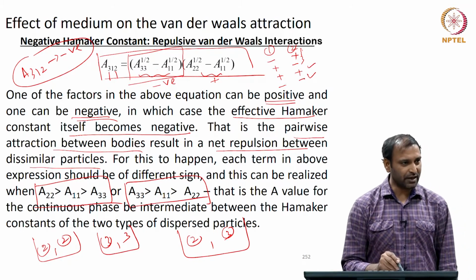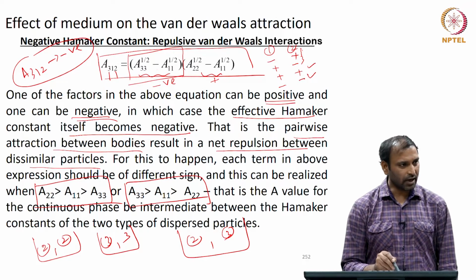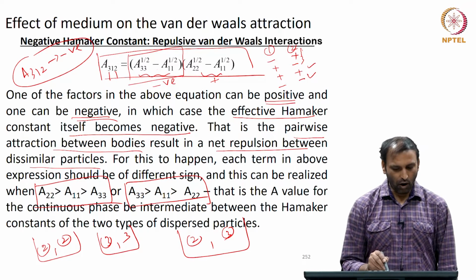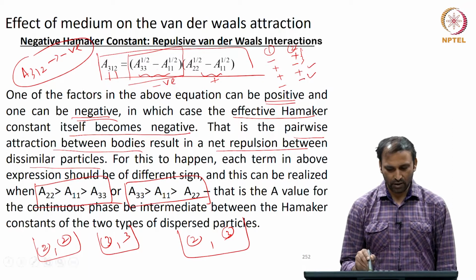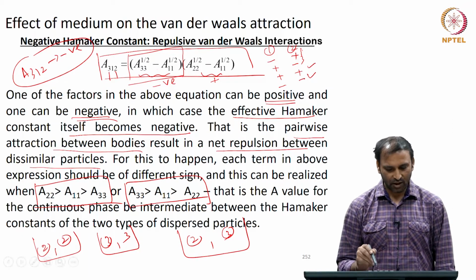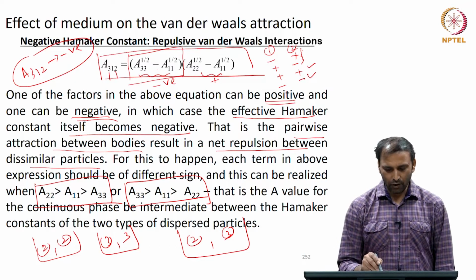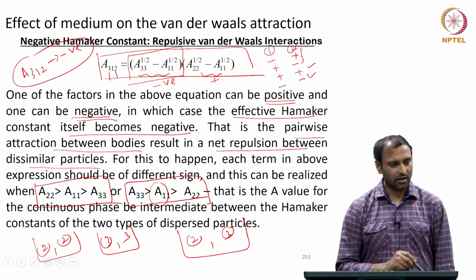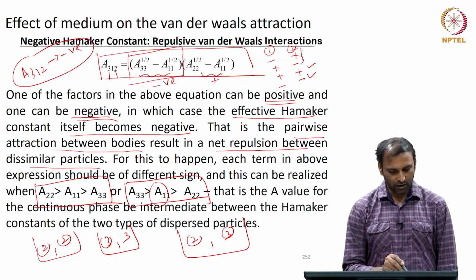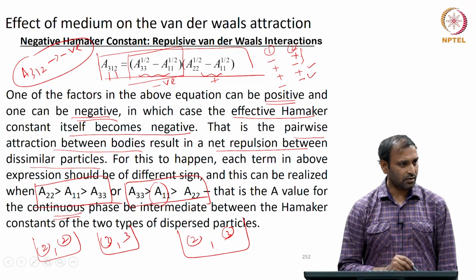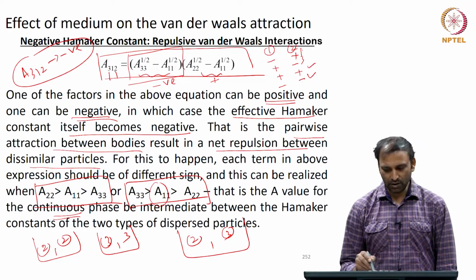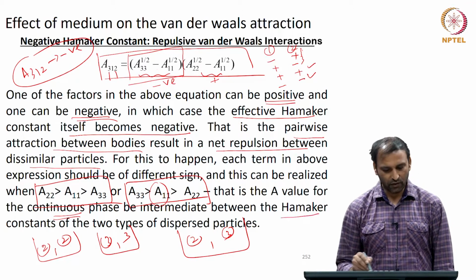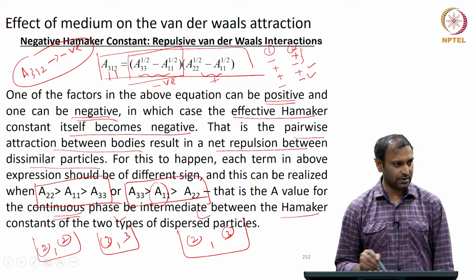A22 must be greater than A11, greater than A33, or A33 should be greater than A11, which should be greater than A22. That means the value of A for the continuous phase is intermediate to the Hamaker constants for the two particles you have considered.